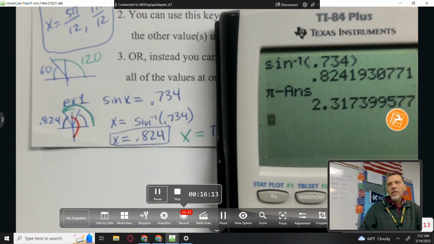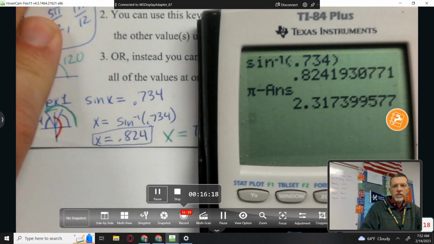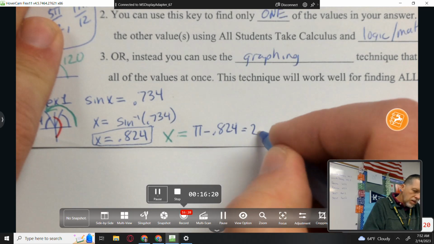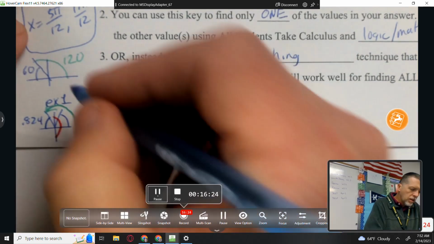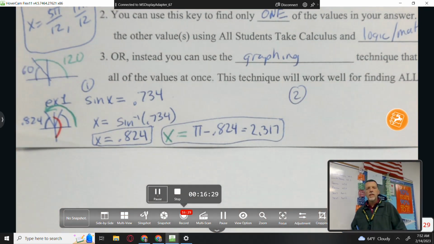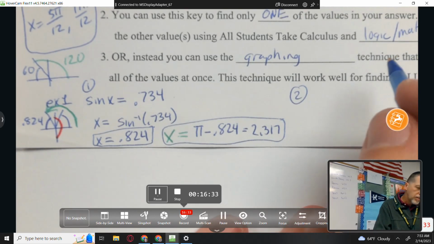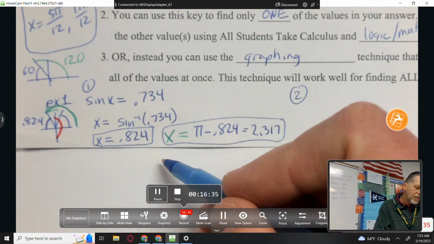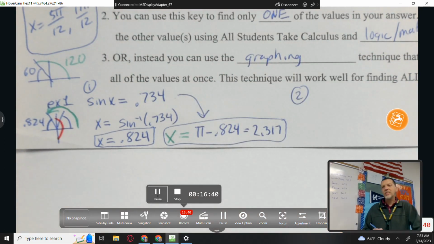So your calculator is great, but it only gives you one of the answers. For sine, the other answer is always pi minus your first answer. But you don't want to memorize that rule. You want to be able to think about it and figure it out.